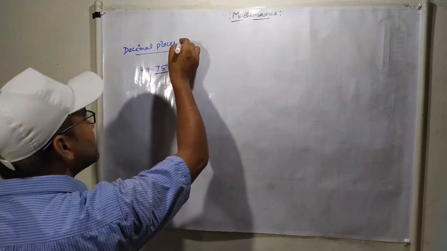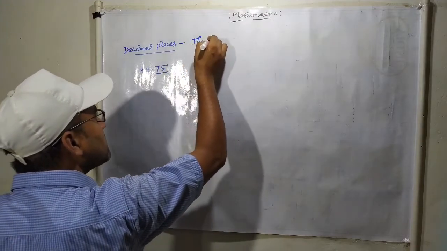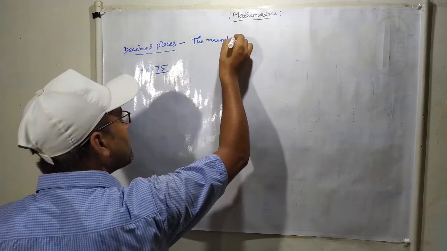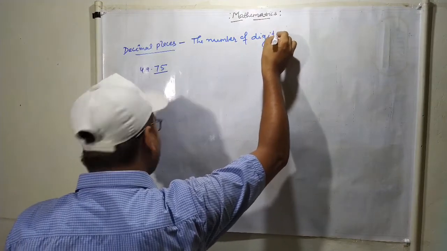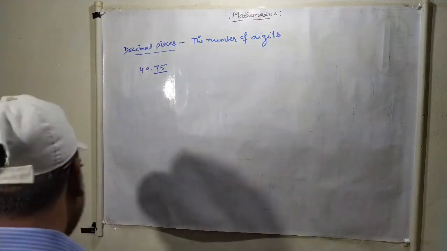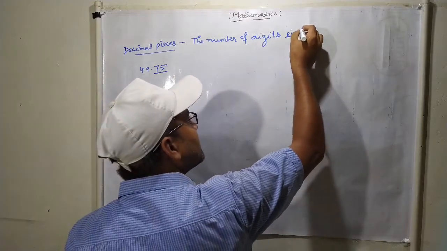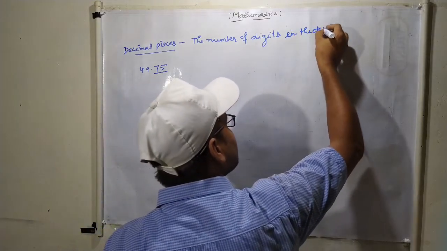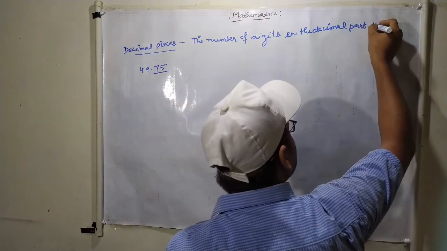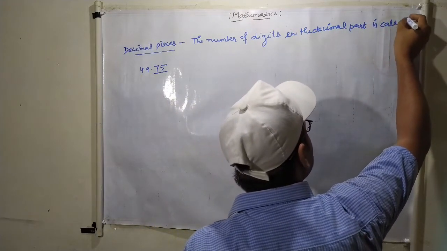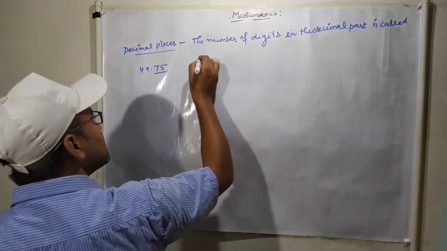The number of digits in the decimal part is called decimal places.